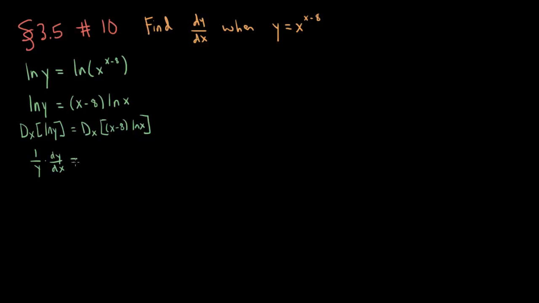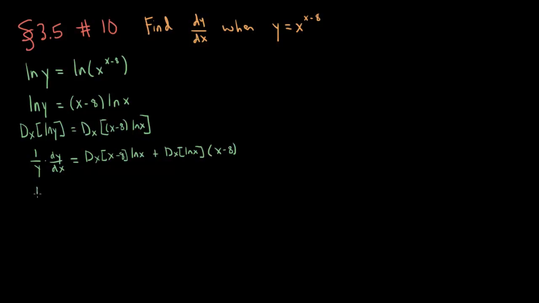Now, this is a product like we just talked about, so that's the derivative of the first function, x minus 8, times the second function, natural log x, plus the derivative of the second function, natural log x, times the first function, x minus 8. Okay, so there is the derivative of the entire right-hand side.